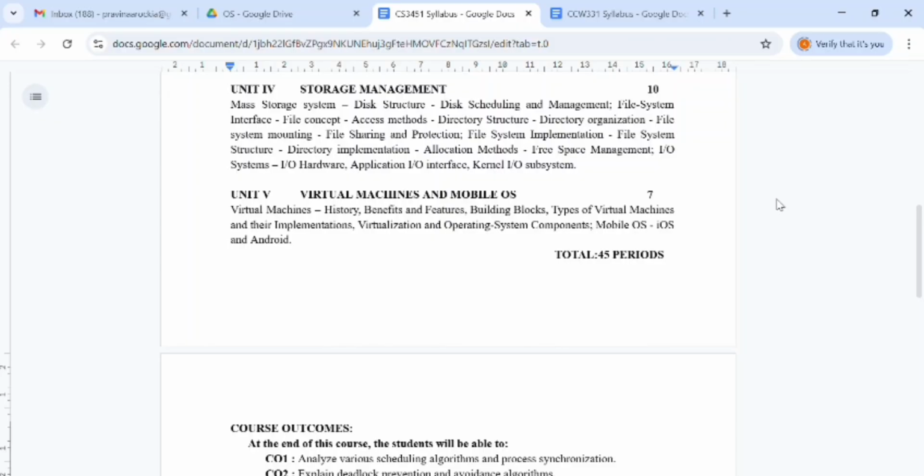Storage management deals with the secondary storage, that is mass storage. Mass storage means bulk storage as well as permanent storage, which is handled in secondary storage management. For this, the major thing is the file. A file means that while we are saving a document or program, we have to name it.